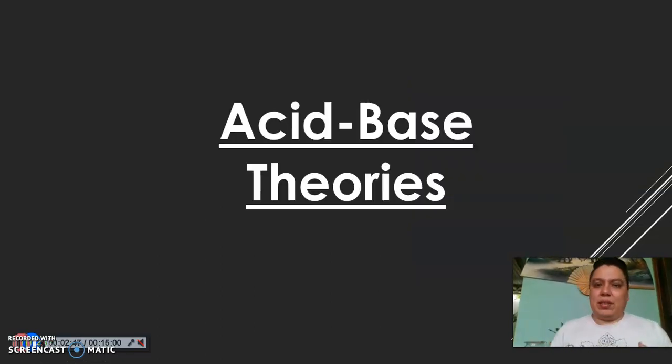However, we can't simply say that an acid is anything that is sour, or a base is anything that is slippery. We can't say it that way. It's not that simple. So, because of that, even in the 1800s, three main theories appeared that would explain what is an acid and what is a base.